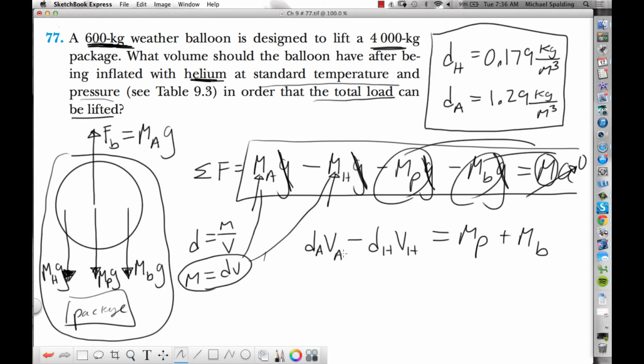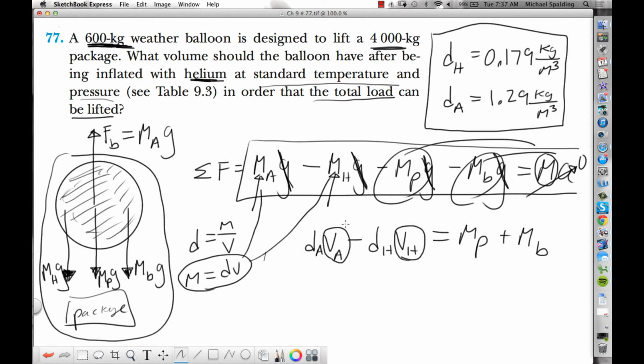Now, what do we know about these two volumes, volume of air and volume of helium? Are they the same volume or different volume? They're the same. Because look, the volume of the helium is the volume of the helium inside this balloon, right?